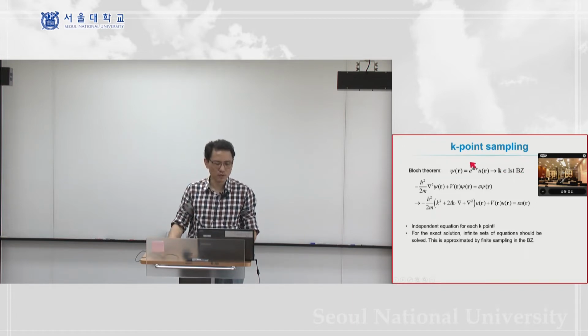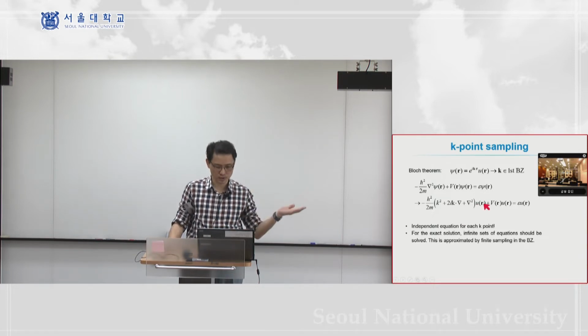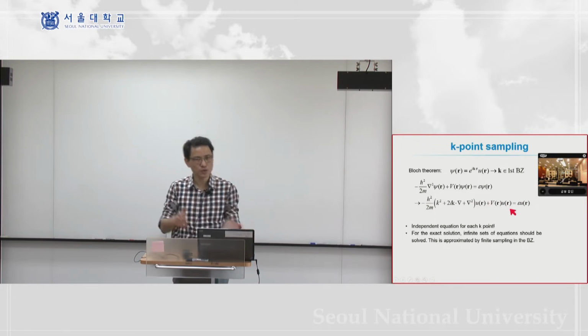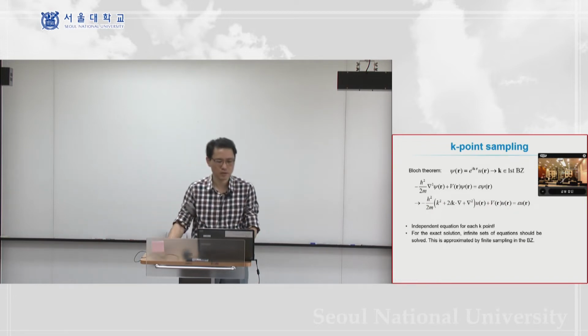If I put this form of the wave function into the Schrödinger equation, then you can expand it. You expand this u_k(r), the periodic part of the wave function, as the Fourier series that we have discussed just before, converting this eigenvalue equation into a matrix equation.